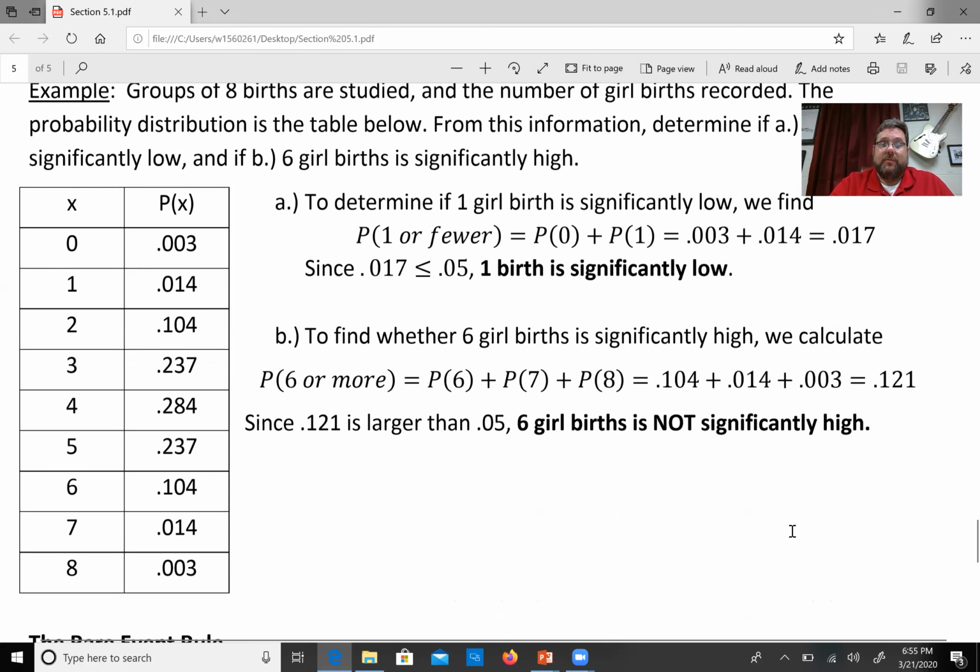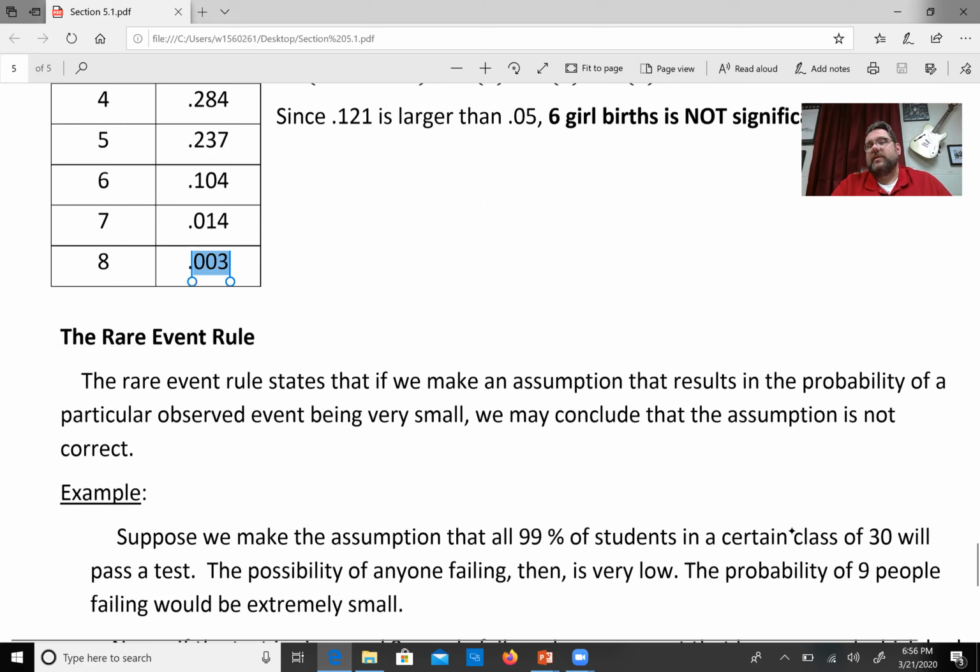All right, it comes directly from over here. 6 is 0.104, 0.014, 0.003. And we add those up, we get 0.121. So that means that's a lot bigger. That's much larger than 0.05. So yeah, 6 girl births is not significantly high because the probability is not smaller than 0.05. Okay, that's what we wanted. That's what we didn't get. So that's significantly high, significantly low.